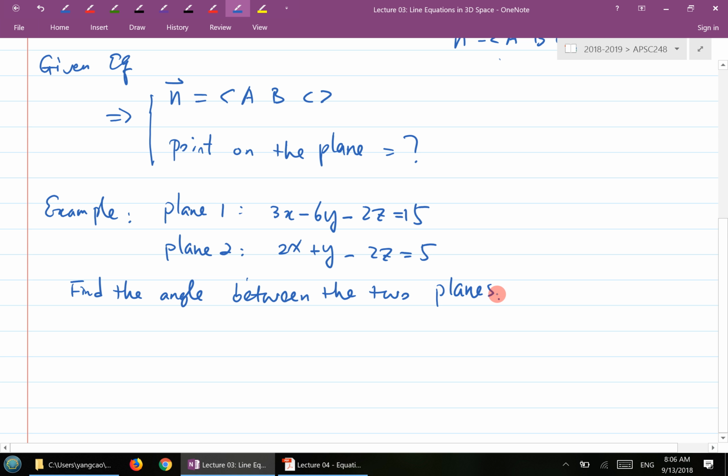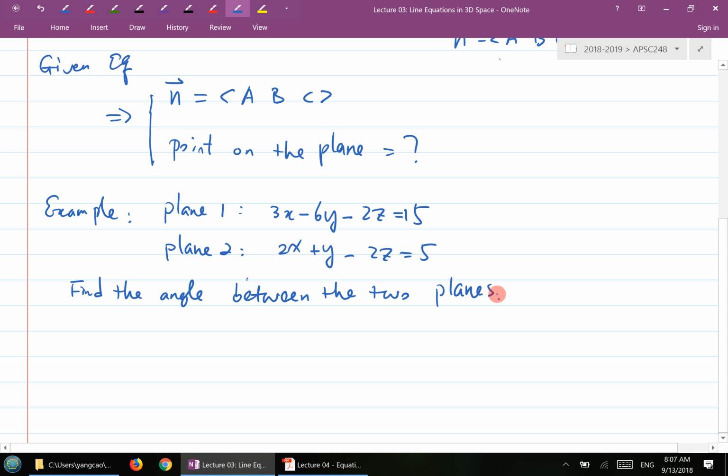The question says quite directly that if you're given two planes and are required to find an angle between them, then it absolutely means the two planes are not parallel. If they're parallel, then there's no angle, or zero. So the two planes must intersect each other.